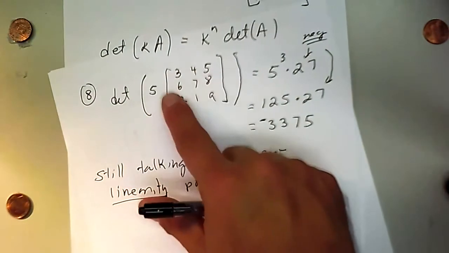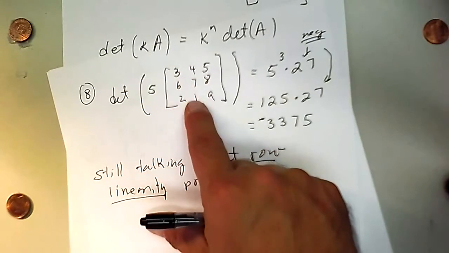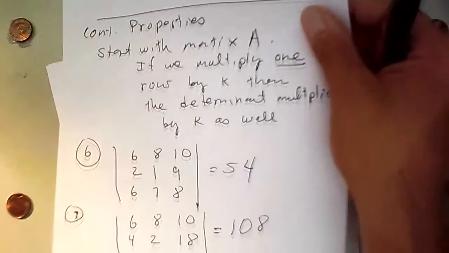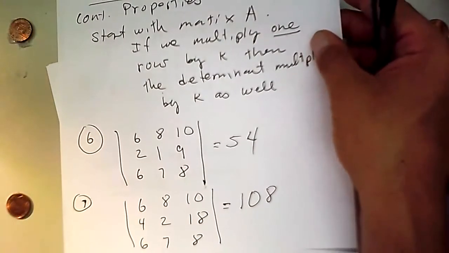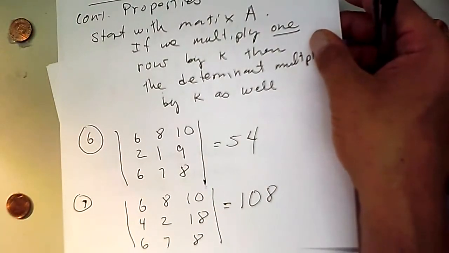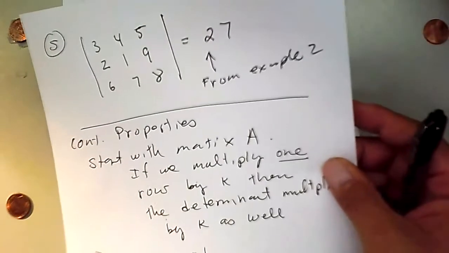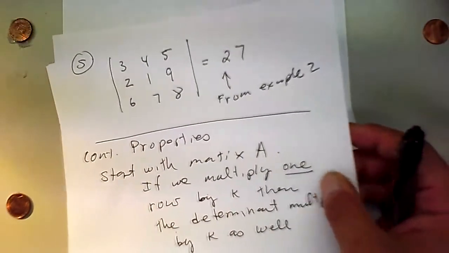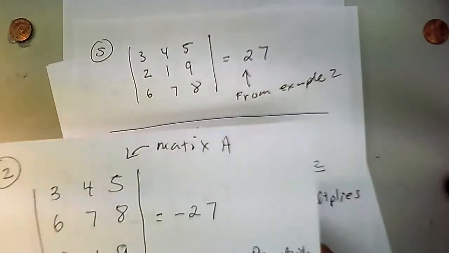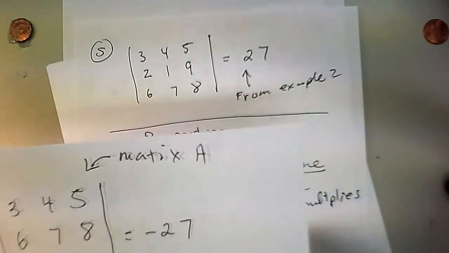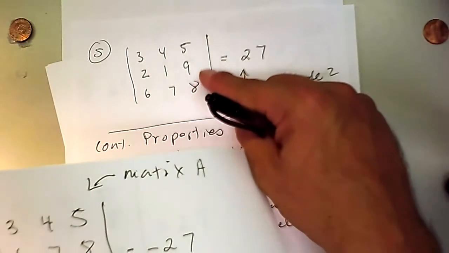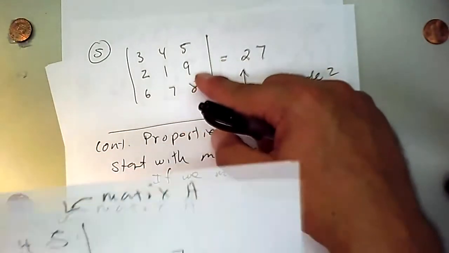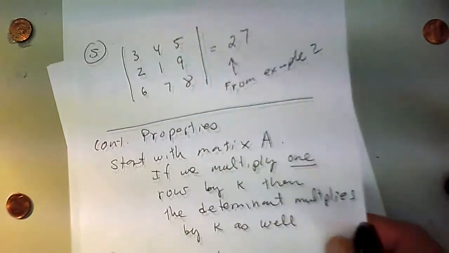I forgot to realize that this guy is negative 27, not positive 27. Let me double check example 7. Oh, here we swap. In example 5, we did swap 2 rows. So the 27 positive is good.